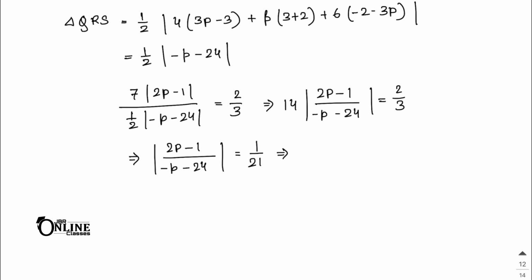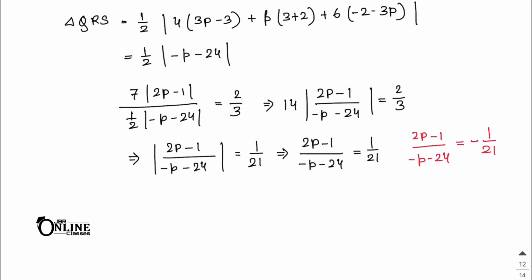So you can write first 2p minus 1 over minus p minus 24 equals 1/21, or 2p minus 1 over minus p minus 24 equals minus 1/21. As there is mod, there will be two answers.